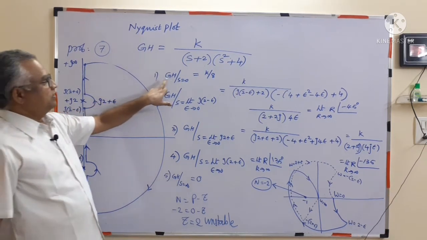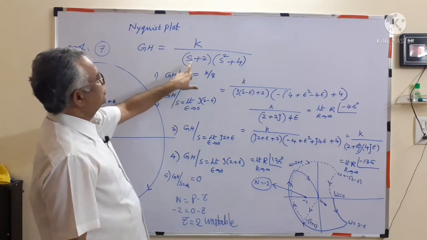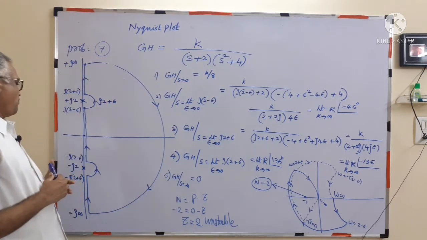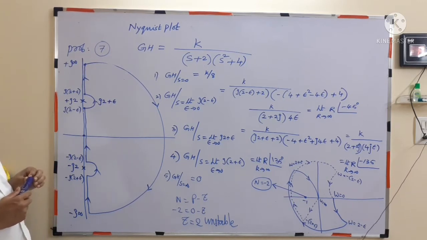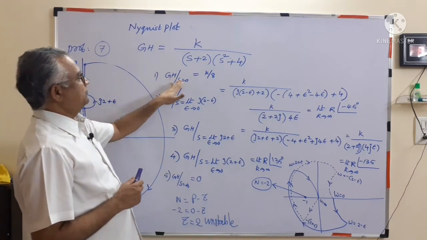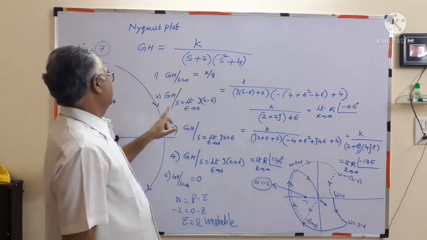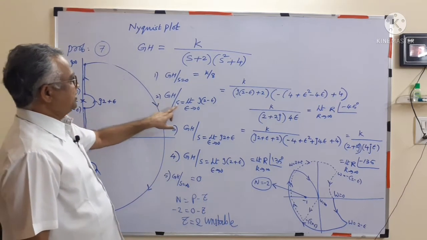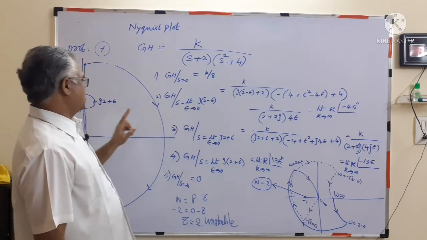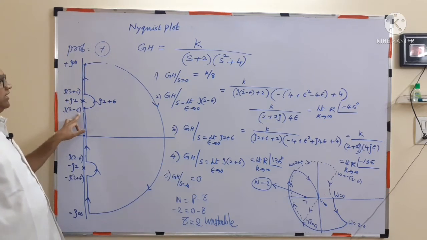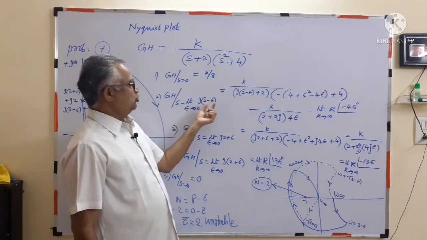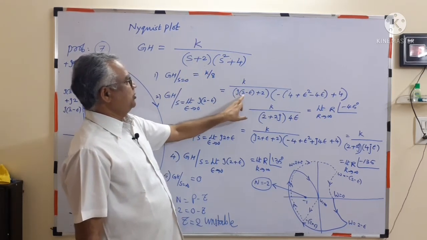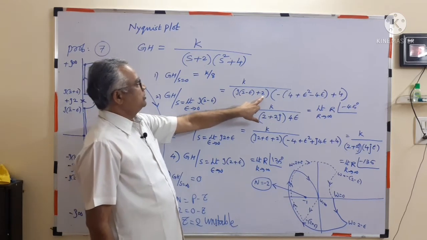So first GH at S equal to 0. 0 means K by 8, simply K by 8. At S equal to 0, G of S, H of S is simplified to K by 8. This point over. Next this point, GH at S equal to limit epsilon tends to 0, j2 minus epsilon. So K by, in place of S, j2 minus epsilon plus 2.